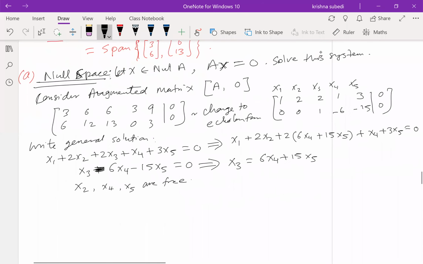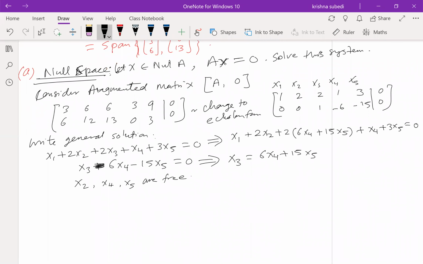Now, can you please solve and let me know what you get? So x1 equals what? x3 we already have, which is 6x4 plus 15x5. If you simplify that, what do you get? x1 equals?